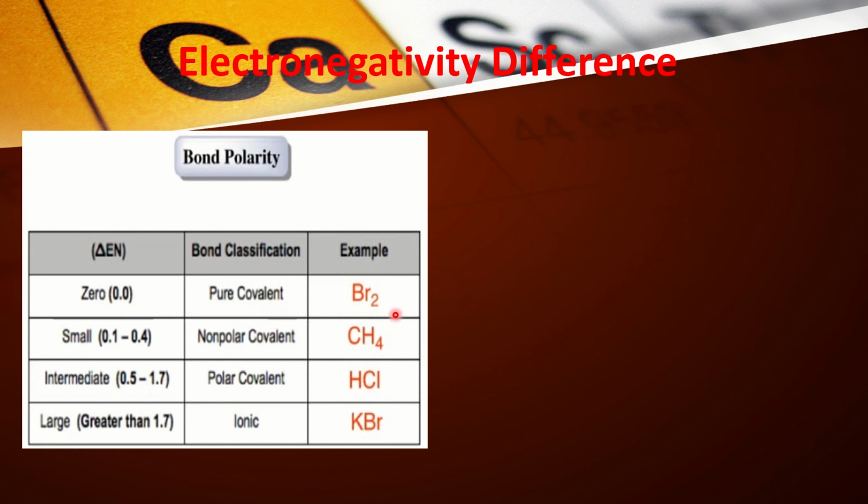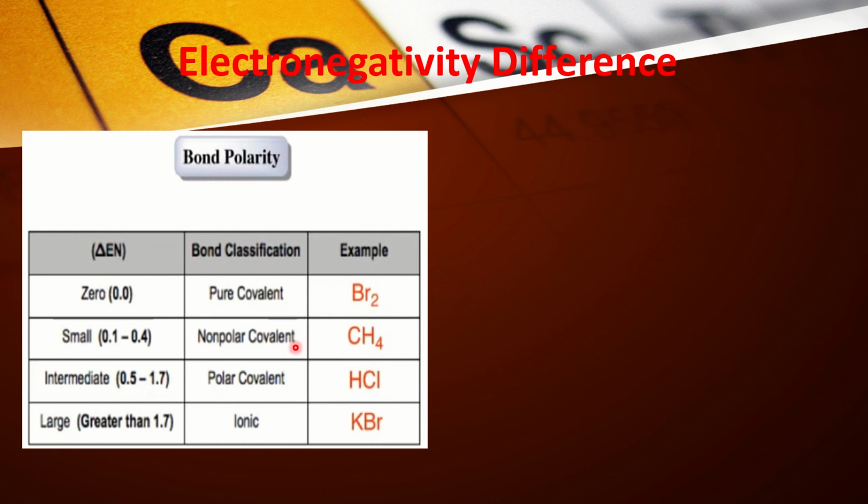Here the electronegativity difference is 0, so these are called pure covalent compounds. For carbon and hydrogen, carbon is 2.5 and hydrogen is 2.1, so the difference is 0.4, and these are called non-polar covalent compounds.